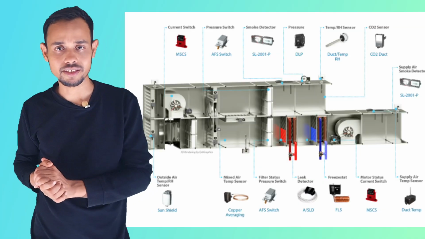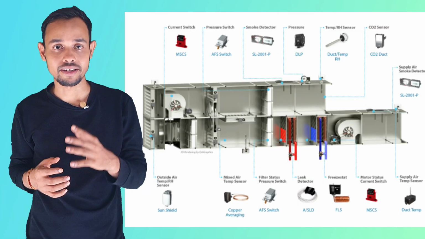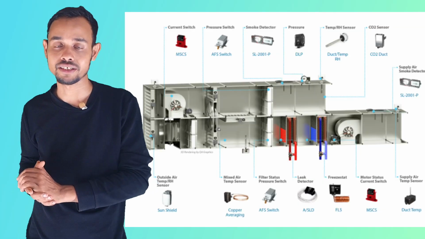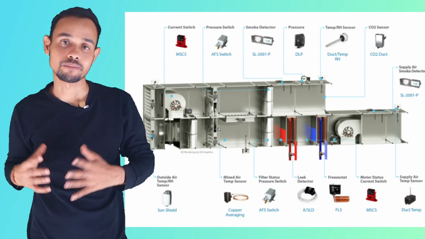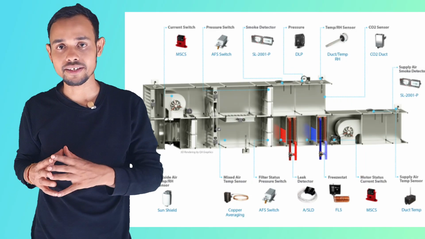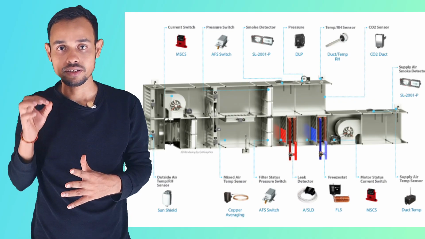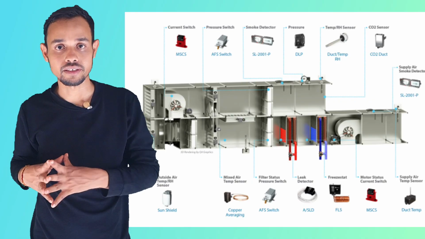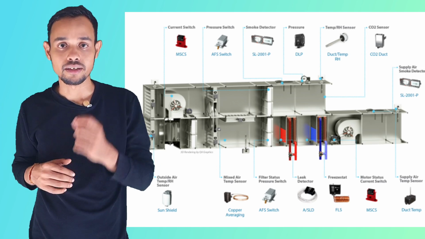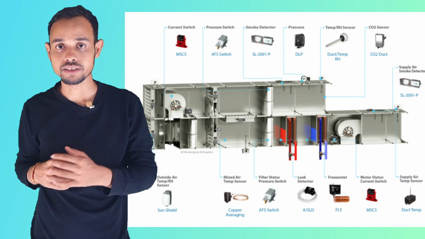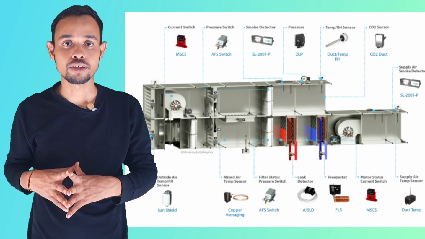Okay. First is the temperature sensor. Supply, return, outdoor and mixed air temperature sensors are used. Let's see the uses of this temperature sensor, friends. The supply air temperature sensor monitors the temperature of the air leaving the AHU. Second is the return air temperature sensor, which measures the temperature of the air returning to the AHU.